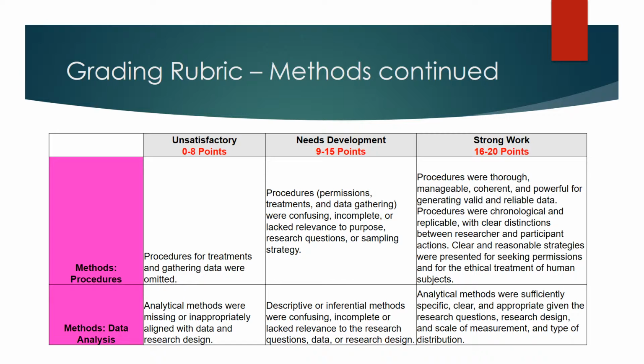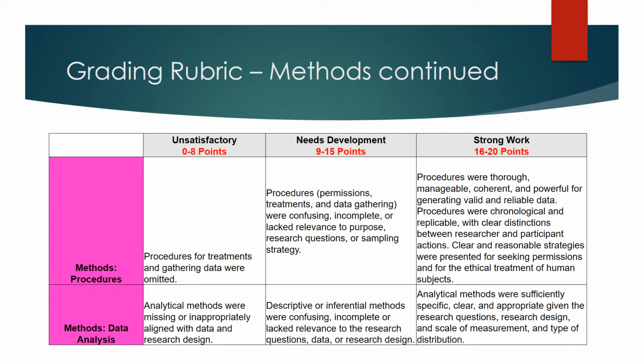So there's 2 more sections pertaining to methods. The first one, procedures. So the procedures were thorough, manageable, coherent, and powerful for generating valid and reliable data. So I am looking for you to describe to me in a step-by-step process what you would do to collect the data here.